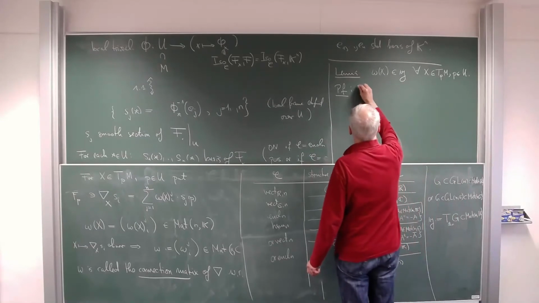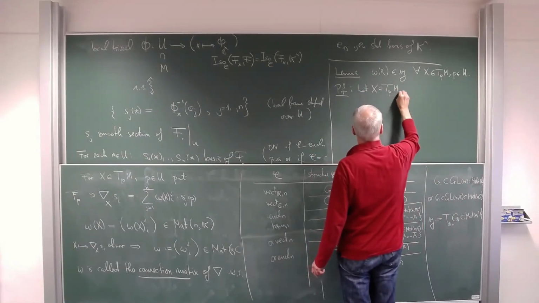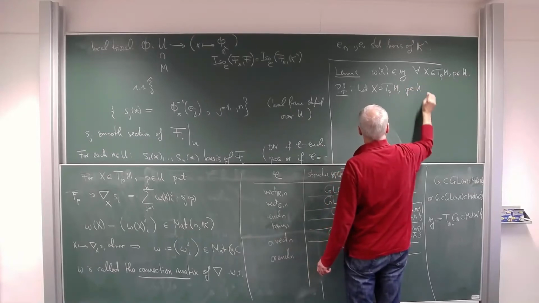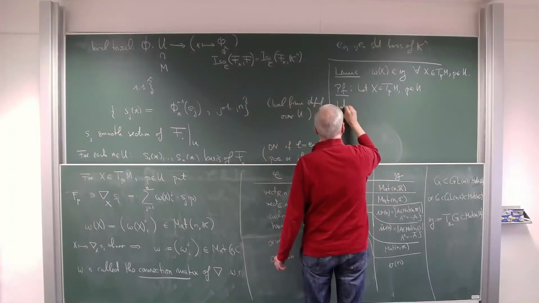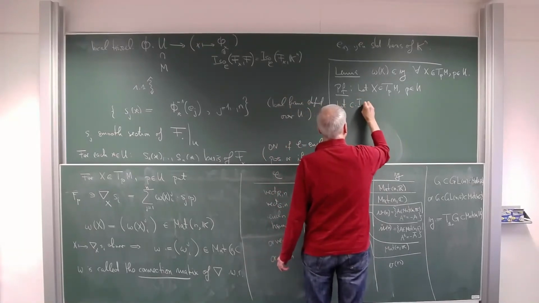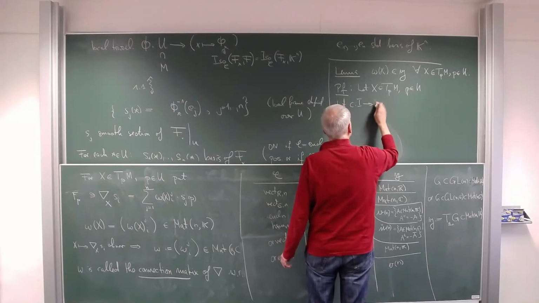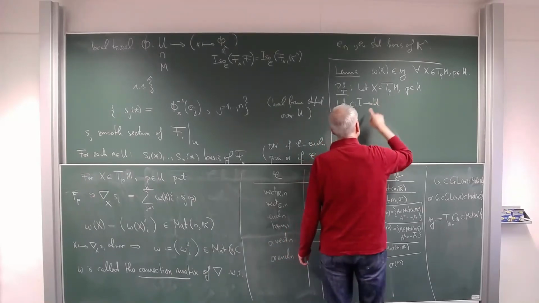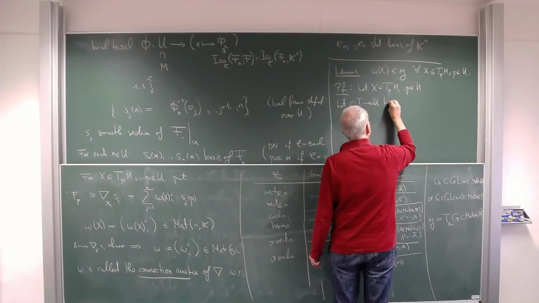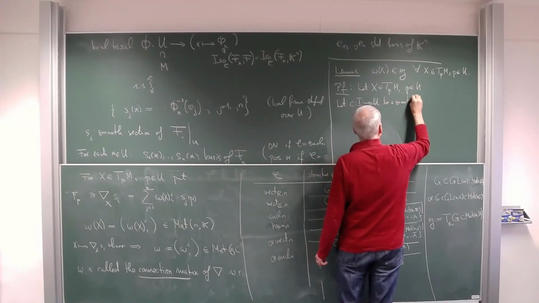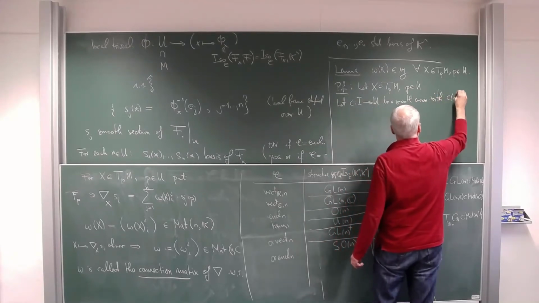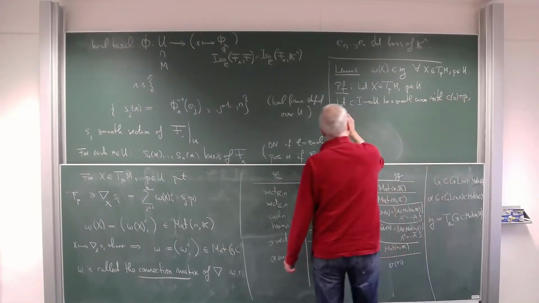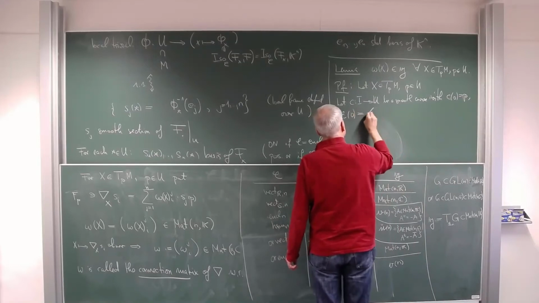Okay, so let x be such a tangent vector. And then let's choose a curve representing x. So let c from some interval to M, or to U, we can just restrict it to stay in U, be a smooth curve with c of 0 equals p and c dot of 0 equals x.